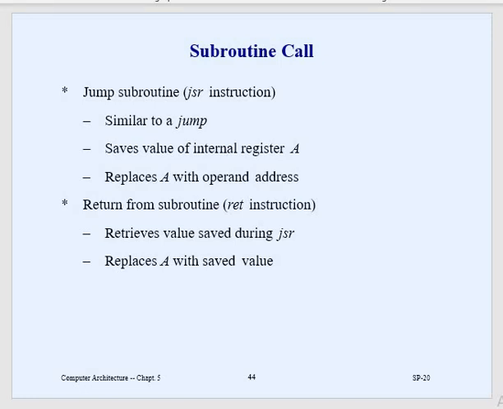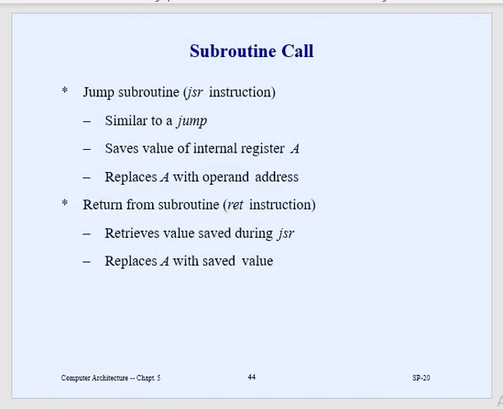How do we return from the subroutine? By the RET instruction, or by using the keyword RET in the code. It brings the computer out of the subroutine, and then it comes back for the main processing. So it retrieves the value saved during JSR.